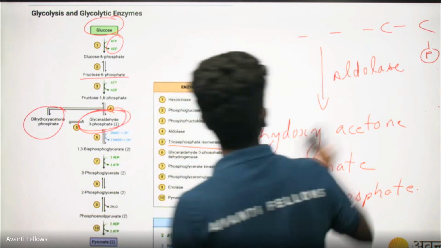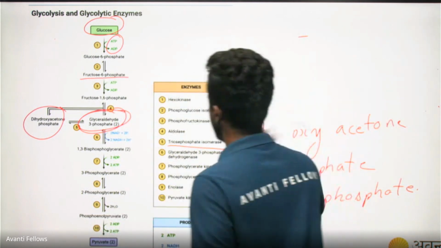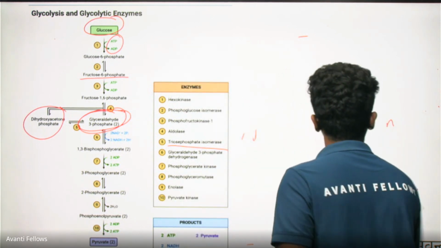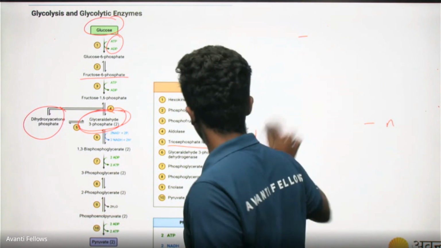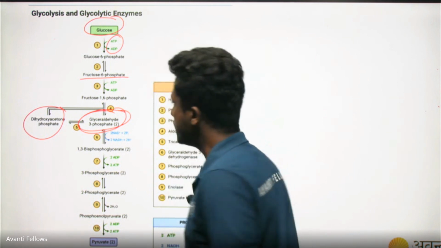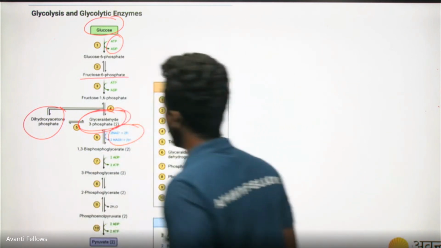Once I get glyceraldehyde 3 phosphate, now you have the reduction process. Very important step, where NAD plus comes into play. Here NAD plus is reduced to NADH.